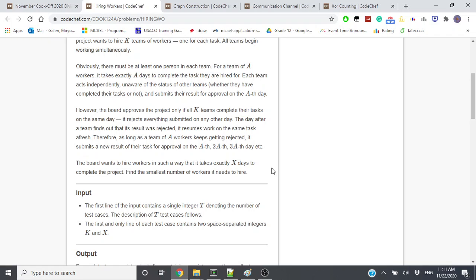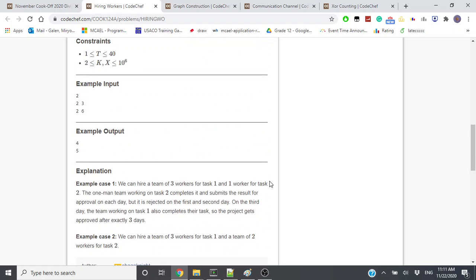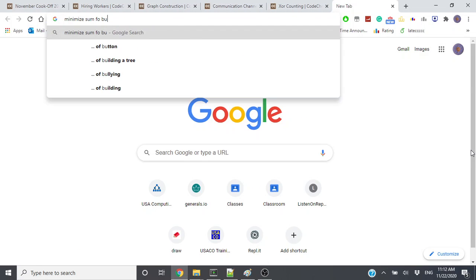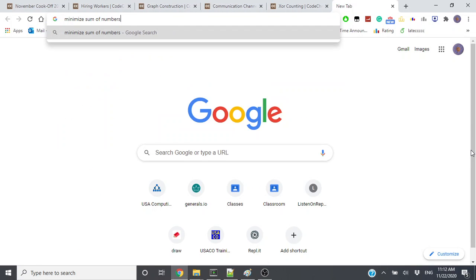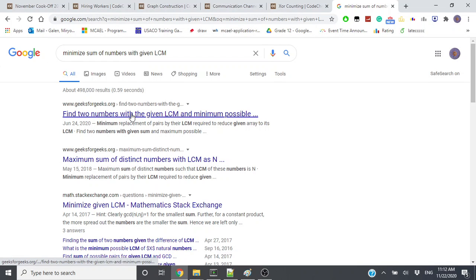It's weird like that. I know there's some way to do this, I just don't remember how. Does this exist? Minimize sum of numbers with given LCM.